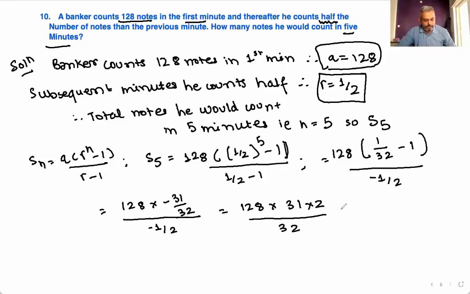Let's calculate. 128 into 31 into 2 divided by 32, which comes to 248.